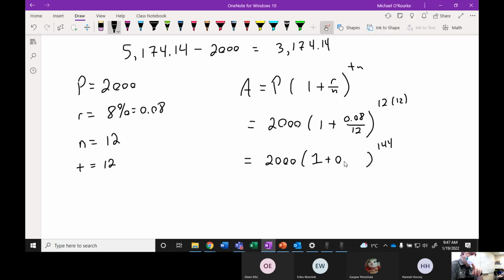I rounded it to 0.007. Now, with that being said, there may be a little bit of error in your answer. If I round here, my number is going to be a little bit different from a person who didn't round, so there's going to be a range of answers I would accept.